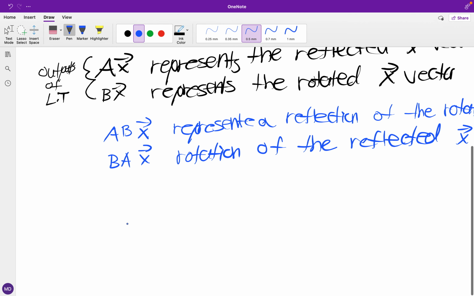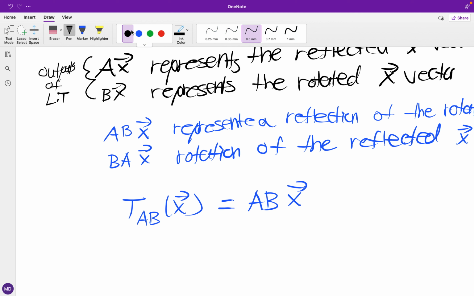In other words, T of x equals ABx, where AB is just a matrix, right? So it still follows the general form. The matrix B would be the first transformation applied, and the A matrix is the second transformation applied.